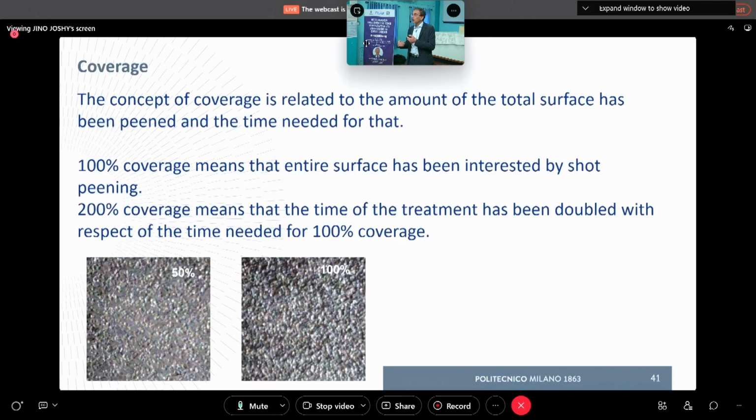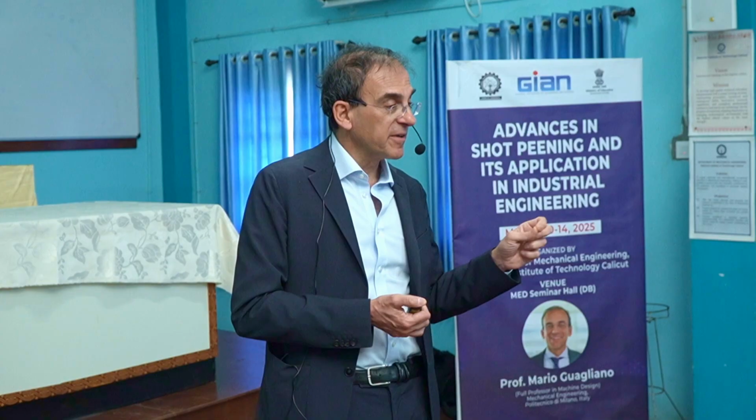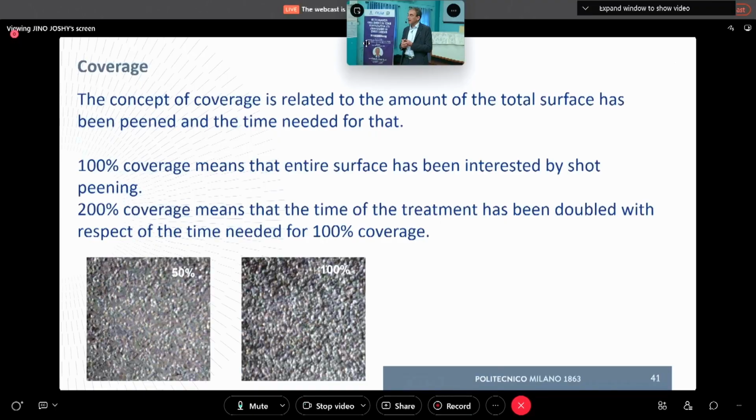We are talking about cumulative energy, referred to the time we need. It is not the kinetic energy of the shot, but the number of repetitions of impact. And 100% coverage means that the complete surface has been hit by at least one shot indentation. By observing the peened surface, we cannot observe any untreated part.